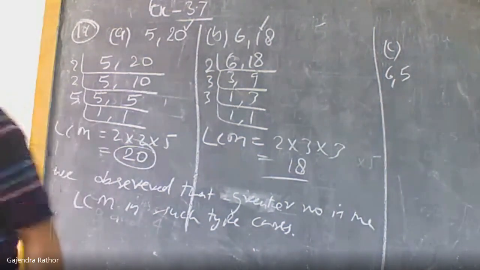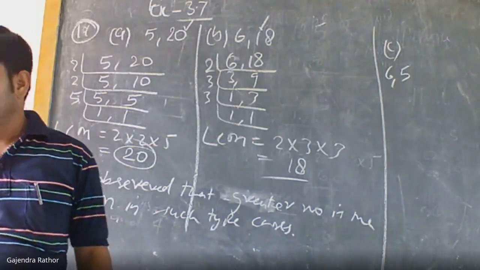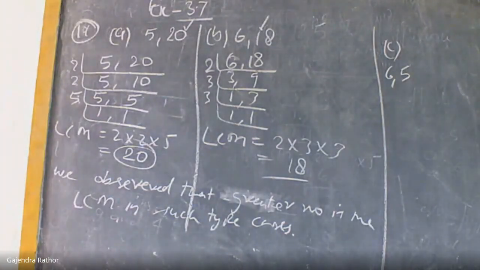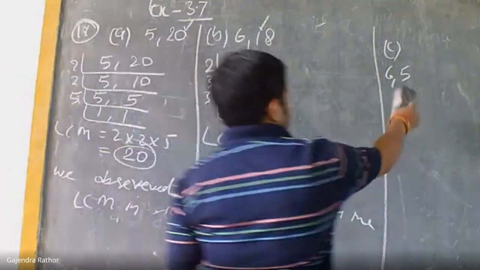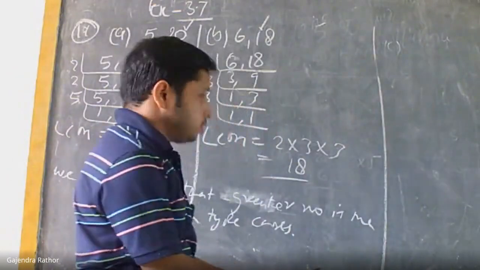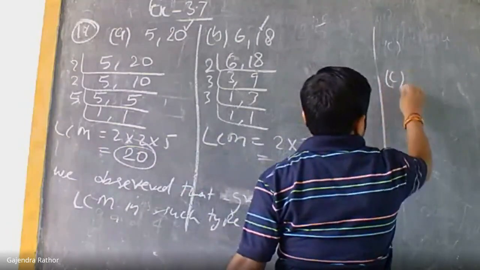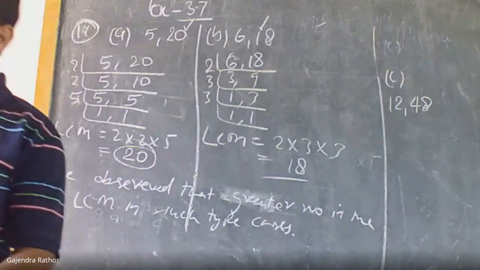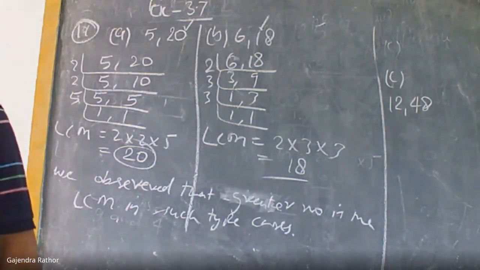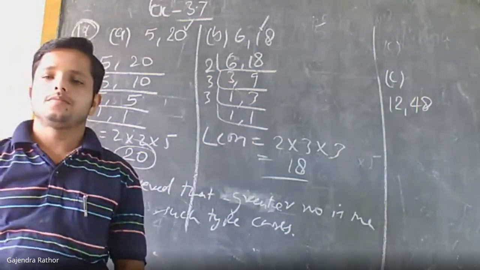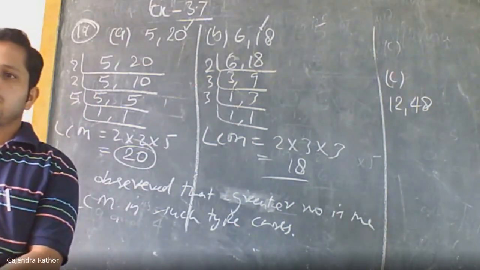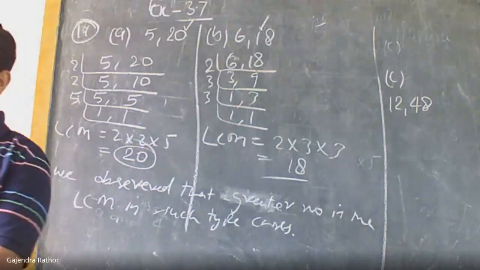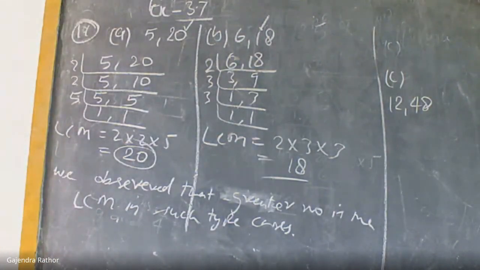Okay. So the next point of this question is C, 12 and 48. So anybody find out and reply what is the LCM of 12 and 48? Okay, very good. Also please reply your reason why the LCM is 48.